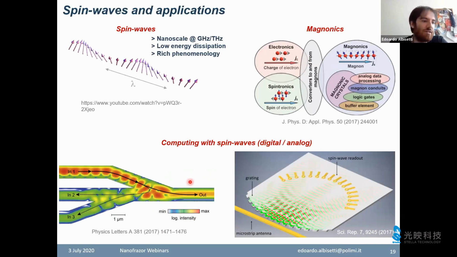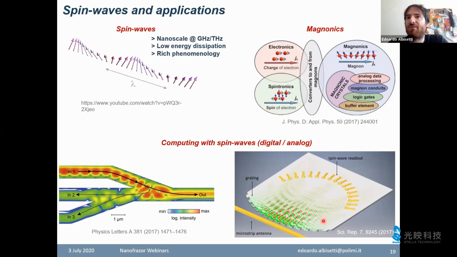Another paradigm is to use spin waves for analog computation. Instead of a digital output, we have a whole continuum of amplitudes and phases, usually in an extended chip, so that we can use the extended spin wave interference figure to perform, for example, Fourier transforms or signal processing more in general.